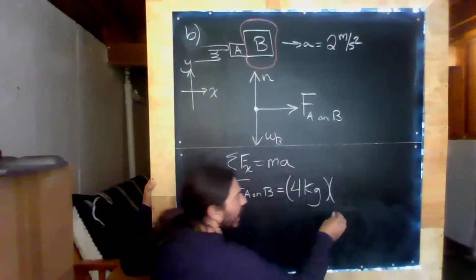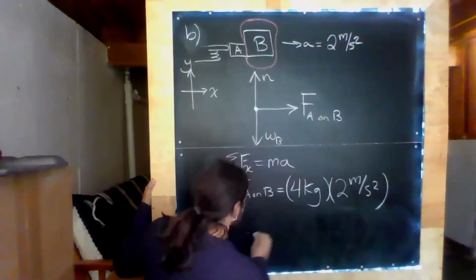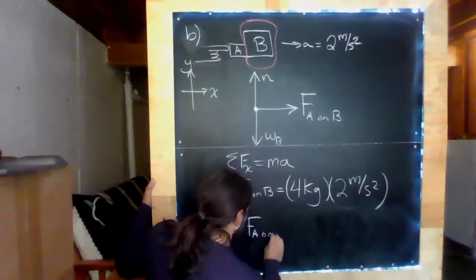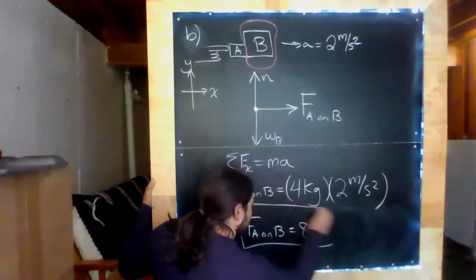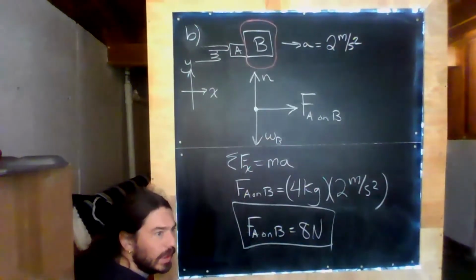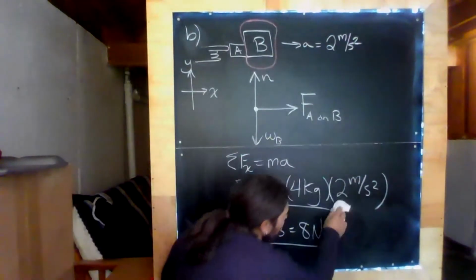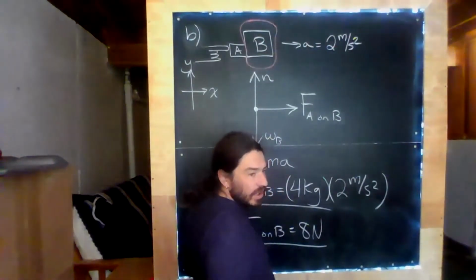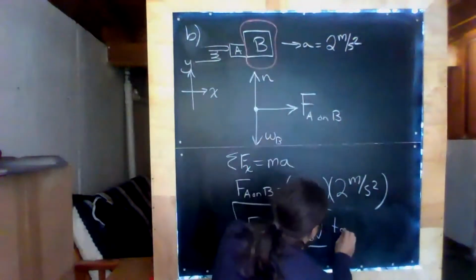We learned that in part A. And we get 8 newtons. And I said with what force, right? And so FA on B is 8 newtons. And in what direction? Well, A is pushing on B to the right.